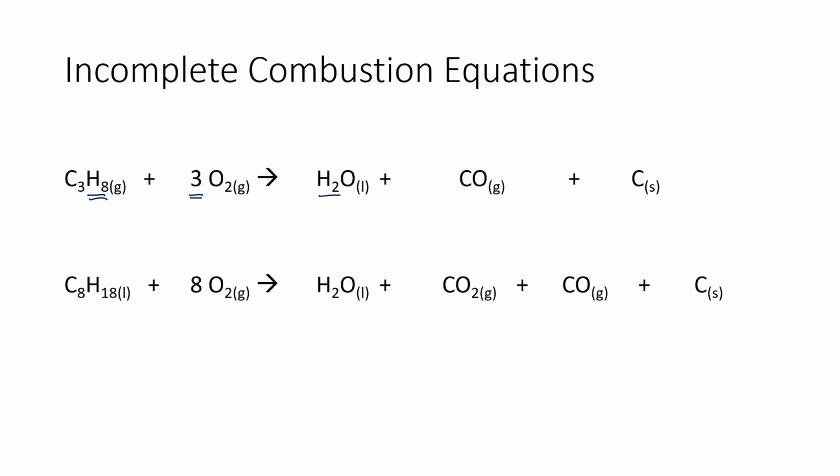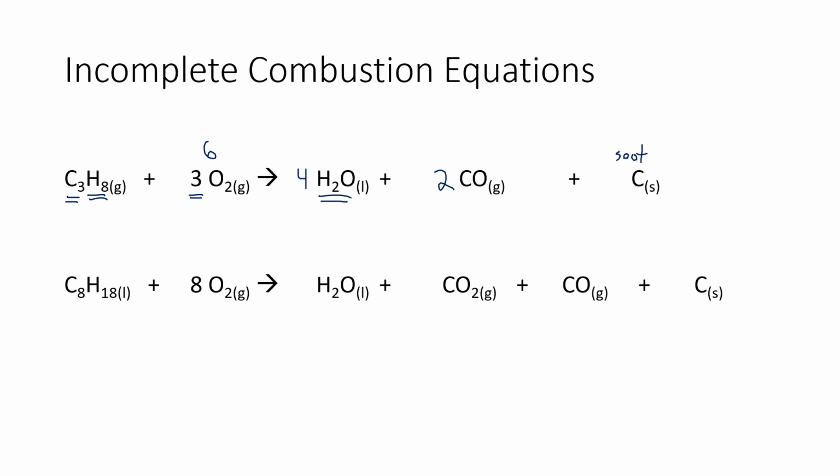All the hydrogens are in this water, so we're going to have to use them all up there. So we're going to need 4 of those. So that uses up 4 of the oxygens, and we have a total of 6, because 3 O2s gives us 6. So that means we got 2 left. So for these 3 carbons, we can only make 2 carbon monoxides. That uses up all the oxygen that we have, and that leaves us with 1 carbon left over, which is our soot.